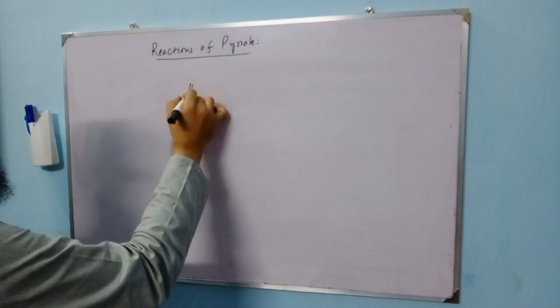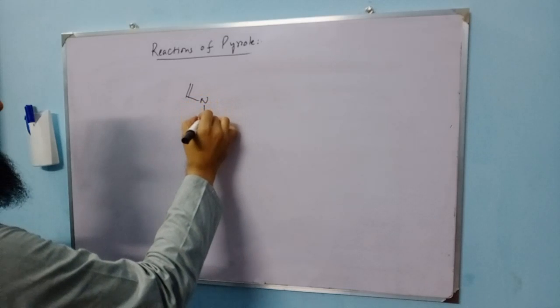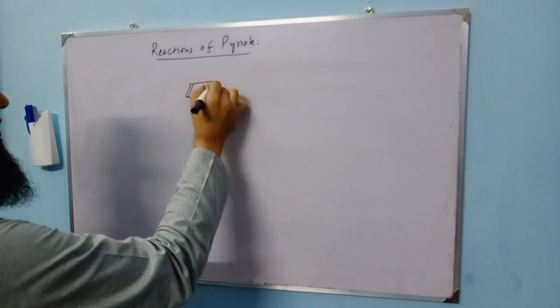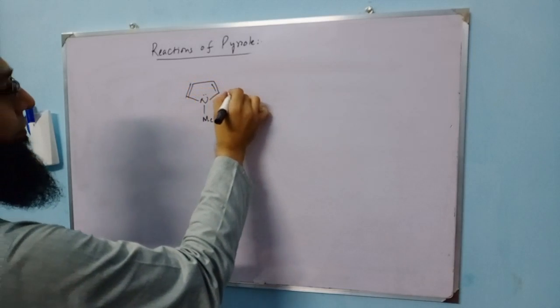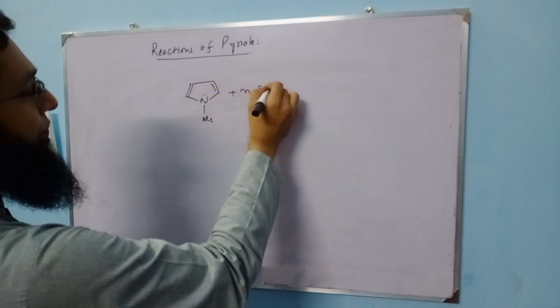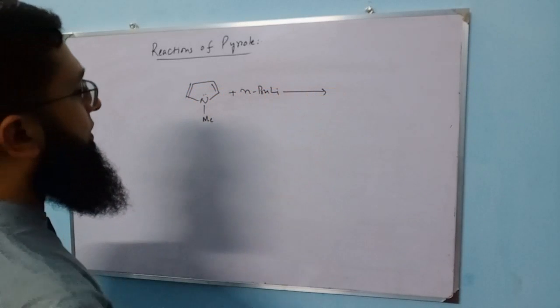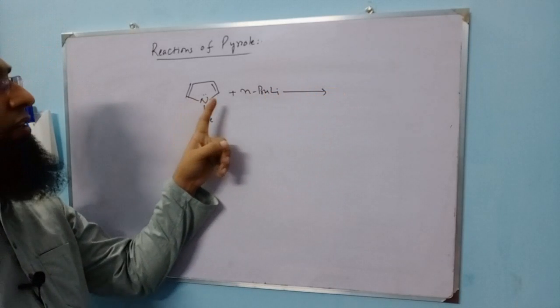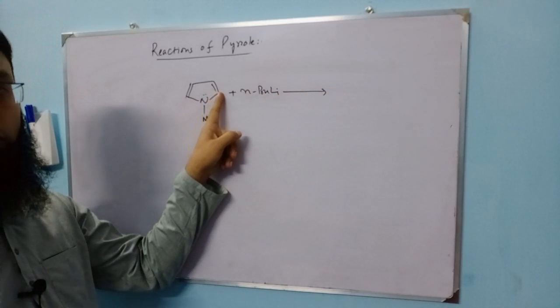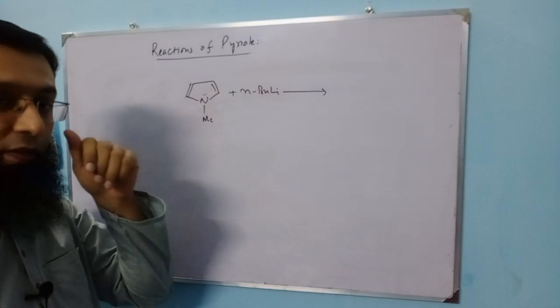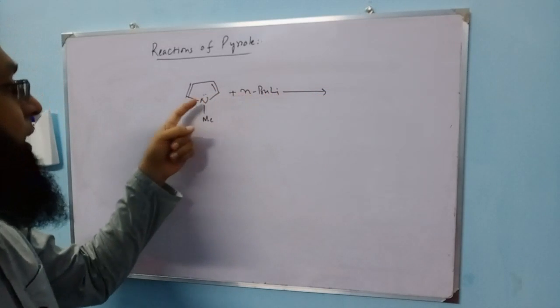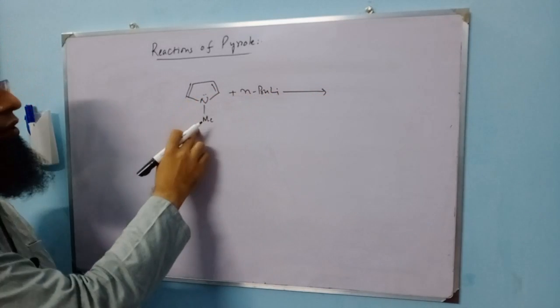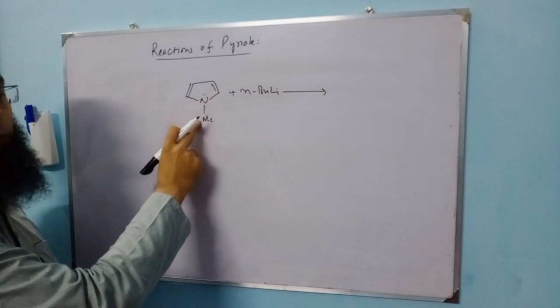Another method involves the reaction of N-methyl pyrrole with n-butyl lithium. In this case, if nitrogen is protected here, then deprotonation would take place at this position. Earlier when we reacted n-butyl lithium with pyrrole, this was not occupied, here hydrogen was present.